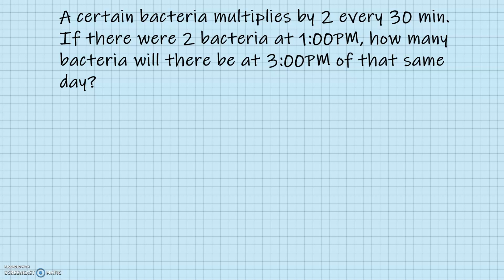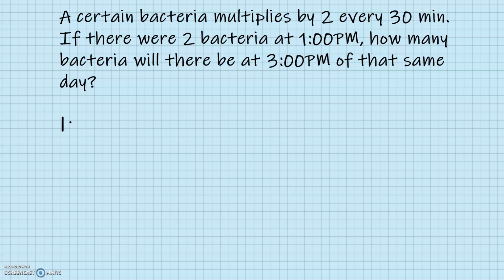The first thing we should do, similar to when we are modeling with arithmetic sequences and series, is get a good picture of what's going on here. A good way to do that is to write the first few terms. This is in 30-minute intervals, so let's write it in 30-minute intervals, since the bacteria multiplies by 2 every 30 minutes.